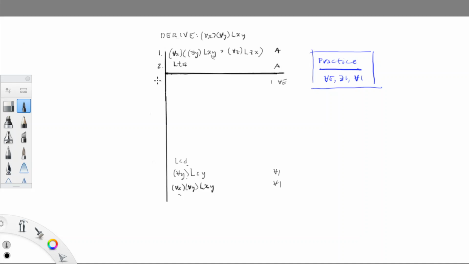So on line 3, we're going to apply universal elimination, replacing the x variable with the name T. So there's a y, L, T, y, horseshoe for all z, L, Z, T.